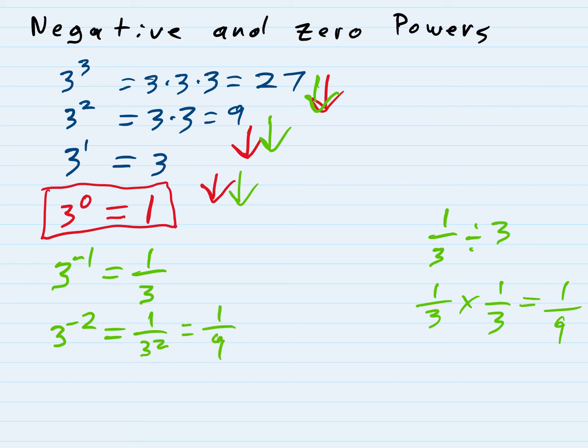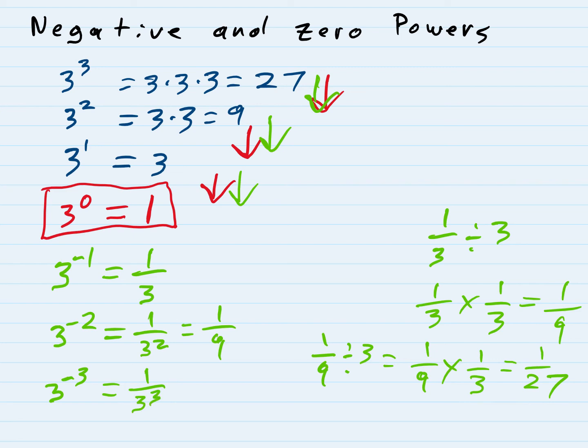And then just to do one more, 3 to the negative third, continuing the pattern, would be 1/9 divided by 3. And 1/9 divided by 3 is the same as 1/9 times 1/3, which is 1/27. So that's the same as 1 over 3 to the third, which is 1 over 27.